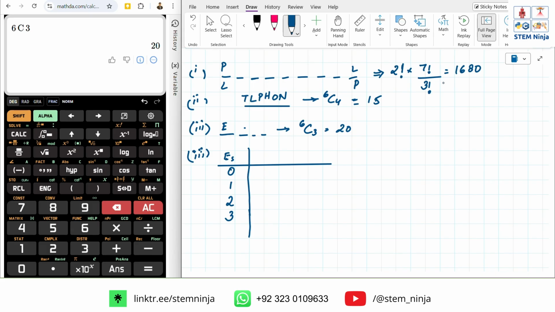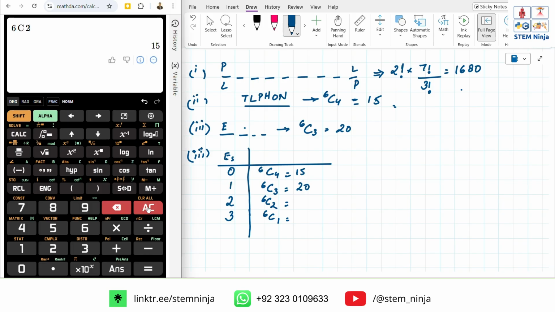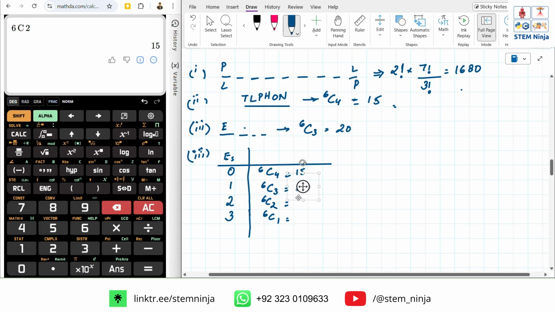So if there are 0 E's, we already figured out over here, 6C4, this was 15, this was 6C3 equals 20, this would be 6C2, 6C1, because 3 E's are selected over here. Now we need to sum these up, so 6C2 is also 15.